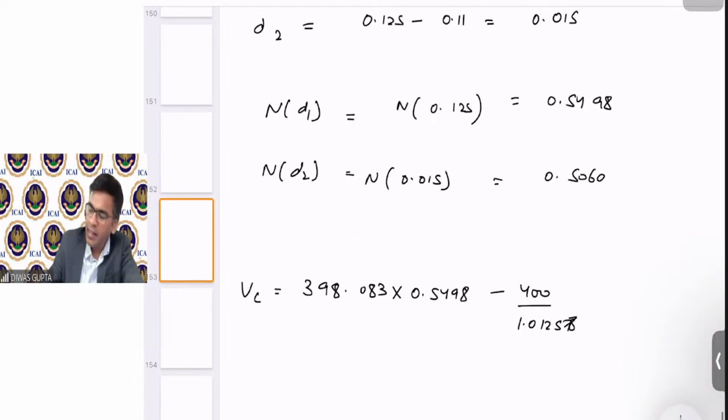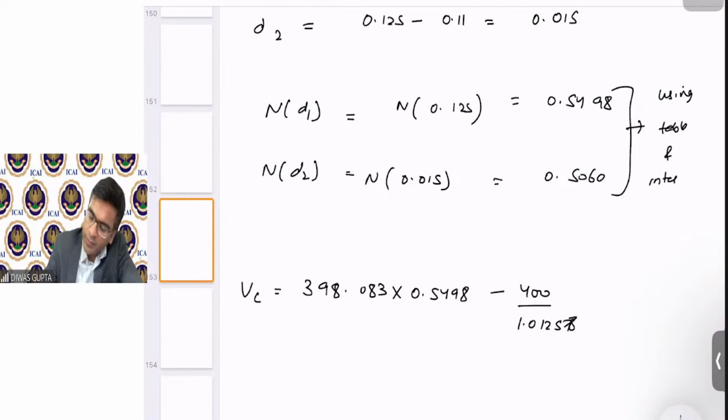Okay. In here, students, I have not used the standard distribution table and interpolation technique, so I have just straight away written the answer, but I'm saying that it is using the table and interpolation technique. Okay.